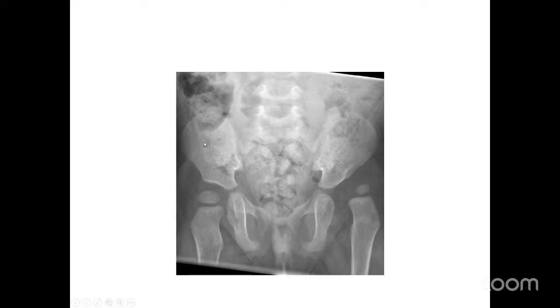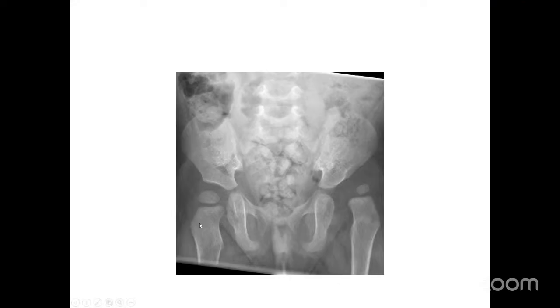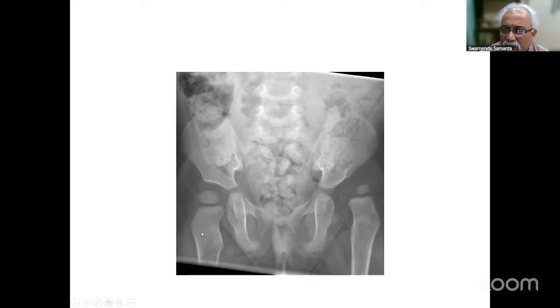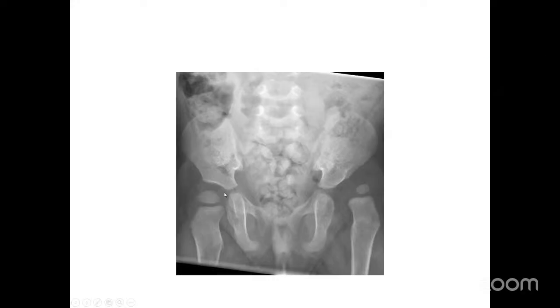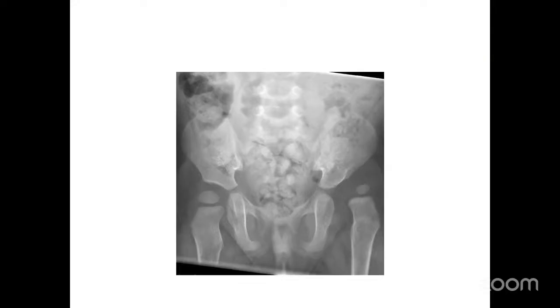Perkin's line. This line is drawn from the lateral border of the acetabulum, so that is the vertical line, perpendicular to the other line. So where should the head be? Below, inferior and medial to the crossing of the lines.